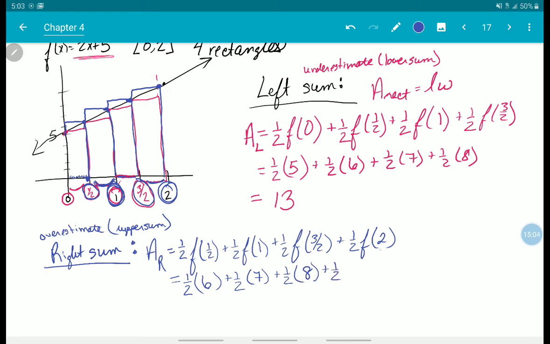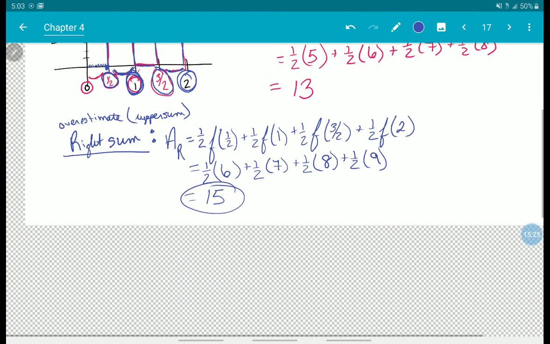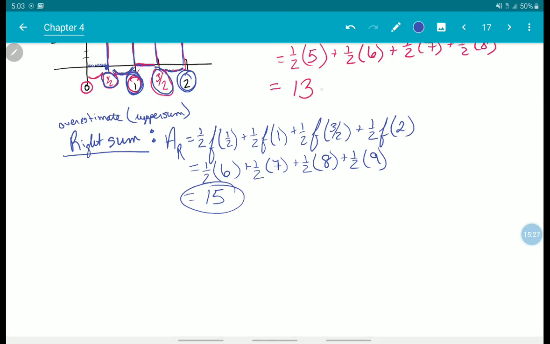And if we substitute 2 in, we're going to get 9. So if we add all that together, we're going to get 15. So we've underestimated with the 13. We've overestimated with the 15. The actual area has to be some number between those.